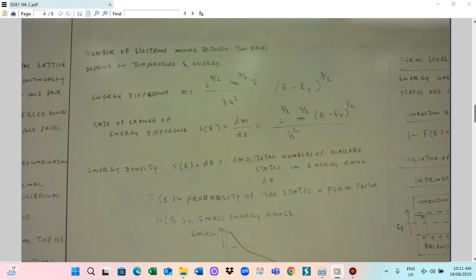The reason is that the number of electrons passing from one state to another depends not only on the free energy but also on the room temperature. So the number of electrons moving between two bands depends on temperature and energy.